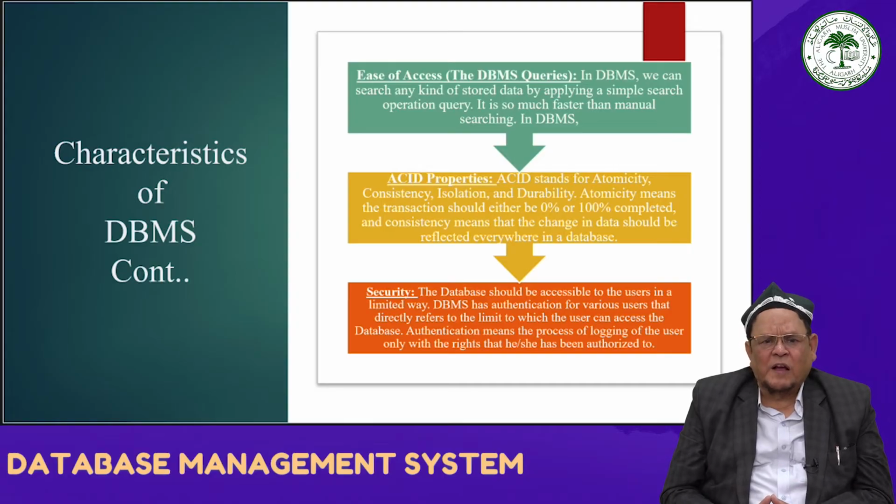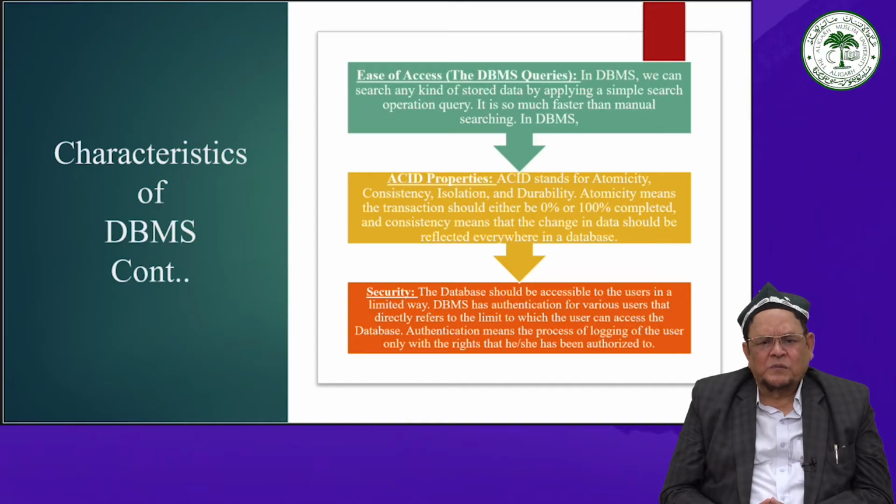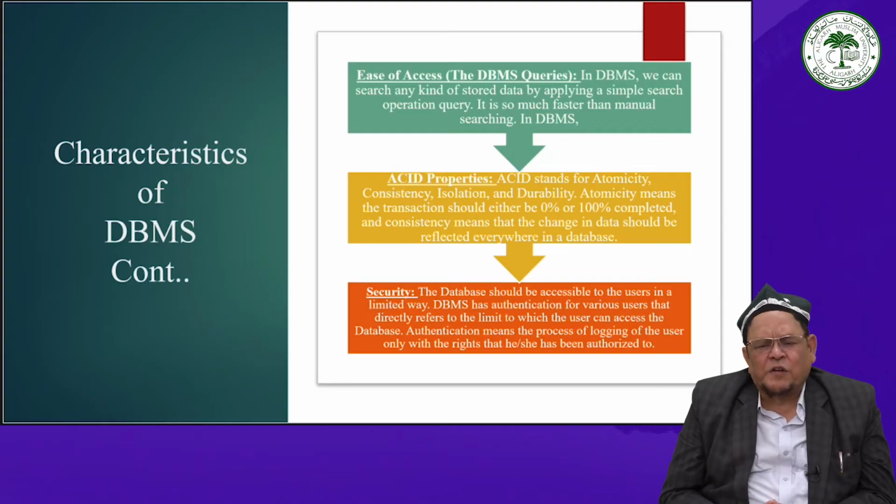ACID properties stand for atomicity, consistency, isolation, and durability. Atomicity means a transaction should either be 0 or 100% completed, and consistency means the change in the data should be reflected everywhere in the database.